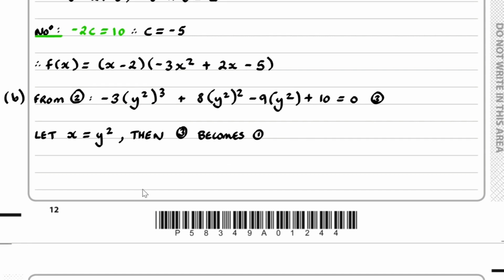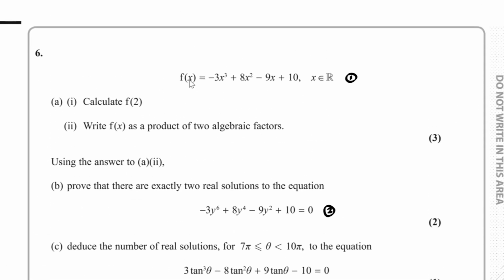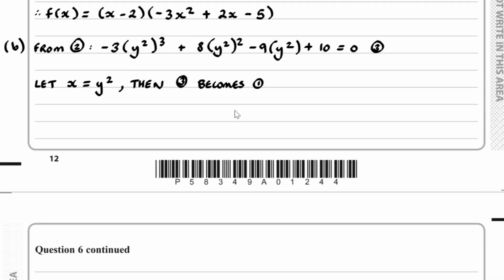And if that's the case, then what we are solving is negative 3 x cubed plus 8 x squared subtract 9x plus 10 equals 0.